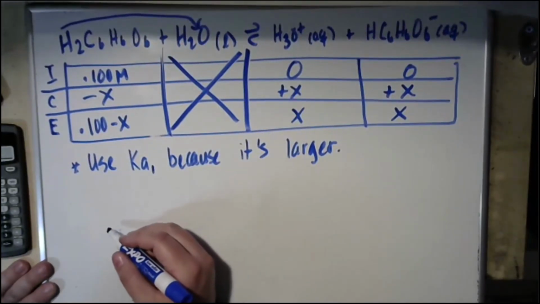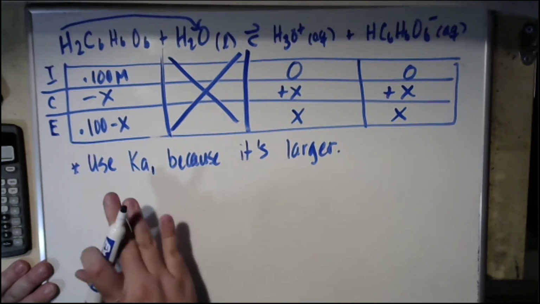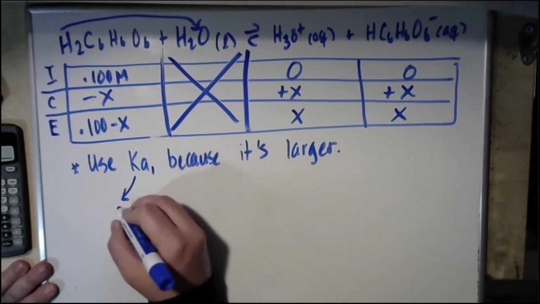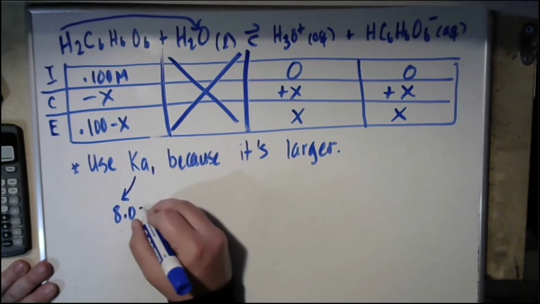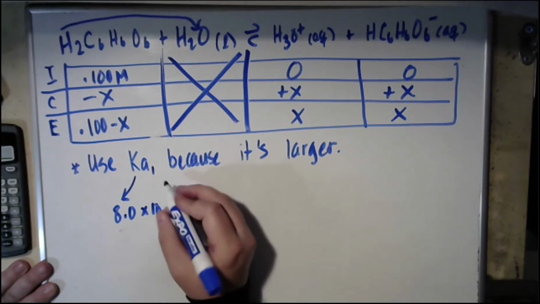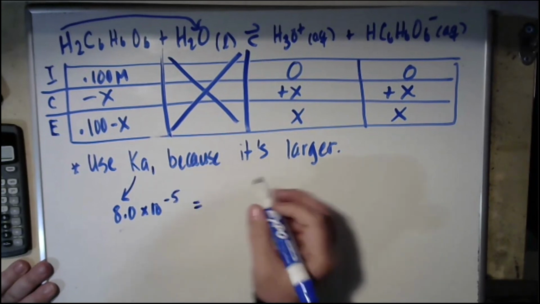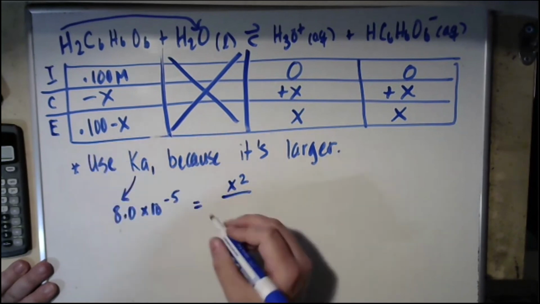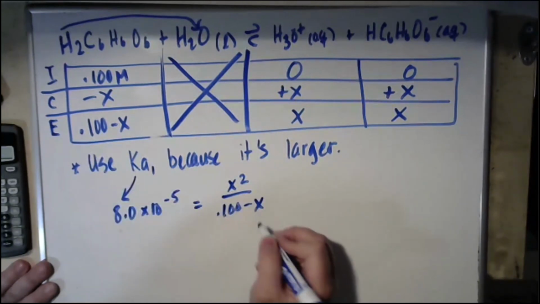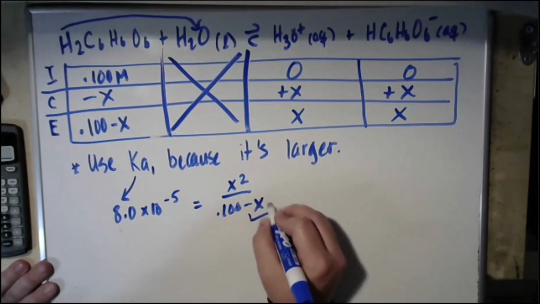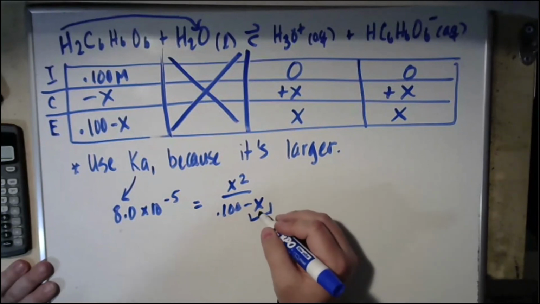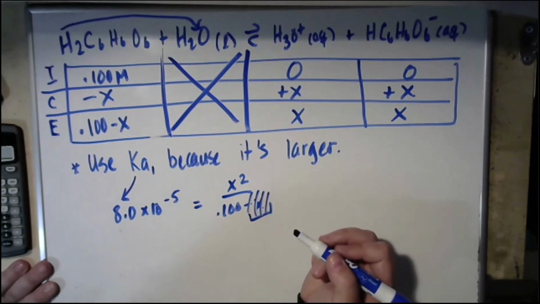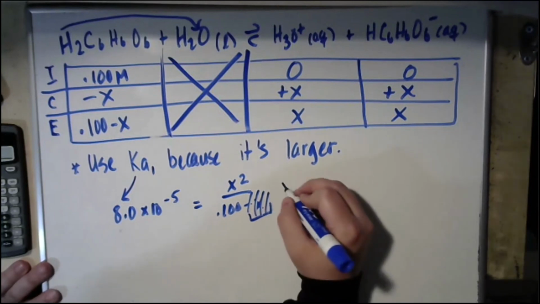We're going to set up our Ka expression using Ka1. So Ka1 is 8.0 times 10 to the negative 5 equals x times x divided by 0.100 minus x. We'll assume that this x value that we're subtracting is small enough that we can cancel it out of our calculation, and we'll check later.